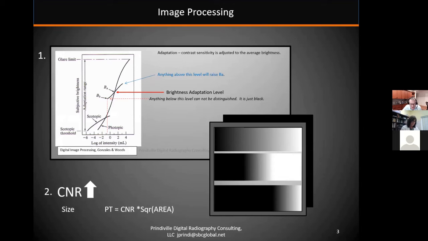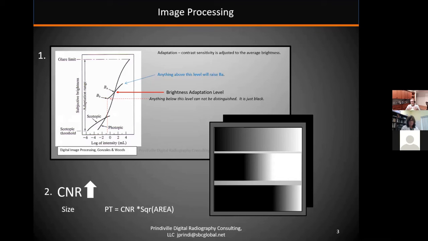The other reason I want to do image processing is that contrast to noise makes a difference. I can do one of two things there: increase the contrast or reduce the noise, or both. So with my image processing, I'm looking at getting things into the right grayscale range that I need to see, improving the contrast and reducing the noise.